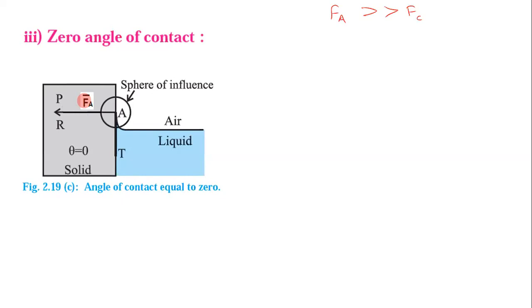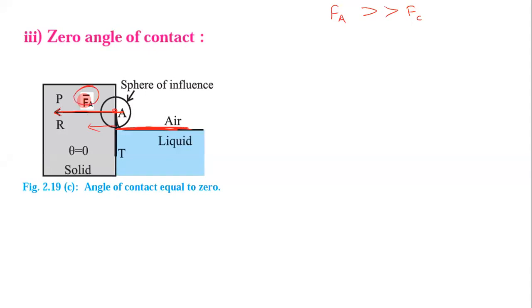So if this molecule A experiences a very large adhesive force due to this solid, okay? So this molecule will stick here. It gives a flat surface to the liquid. It gives a flat surface to the liquid. So the resultant force is in the same direction as this adhesive force.